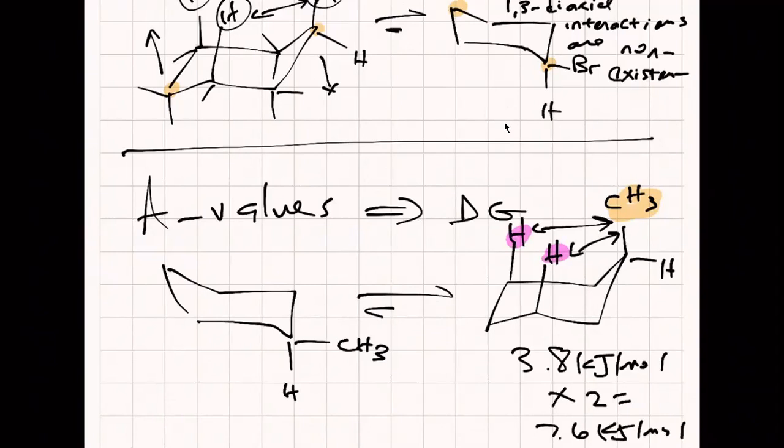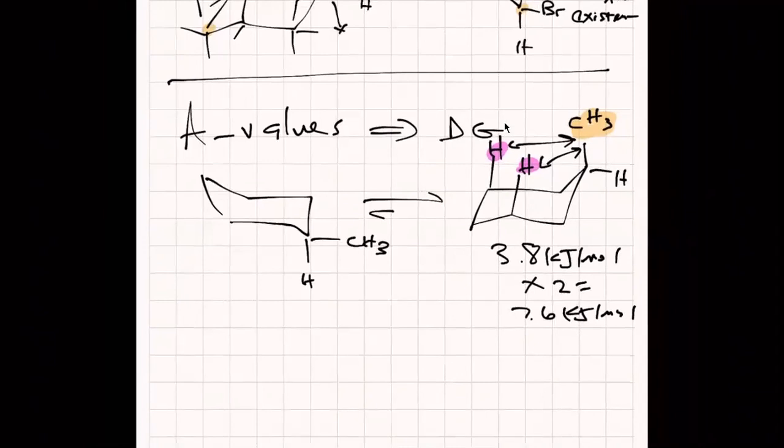So the difference, with it being equatorial, the energy of this isomer would be 0, roughly.